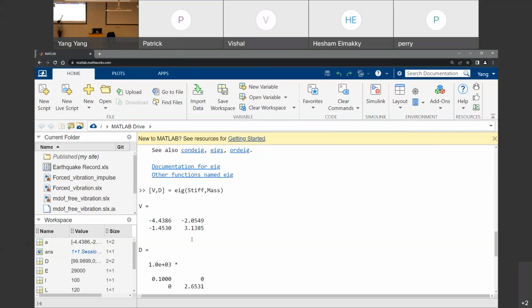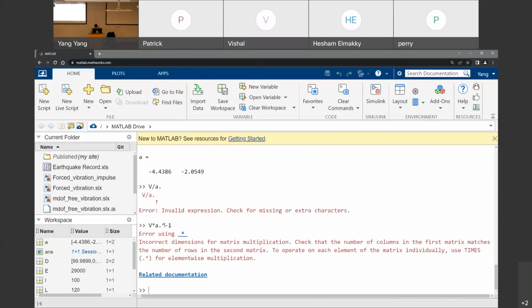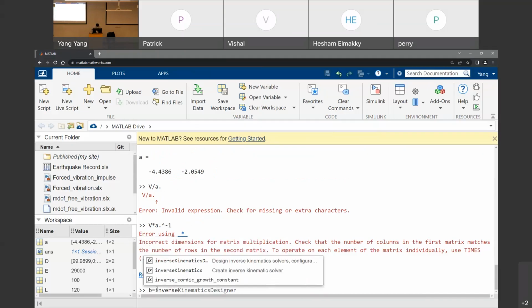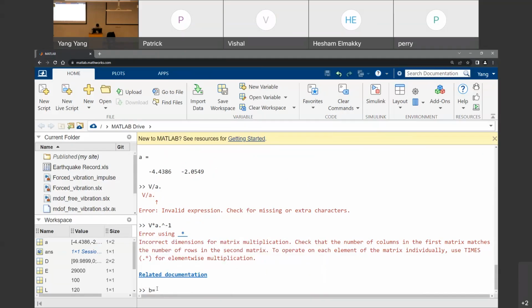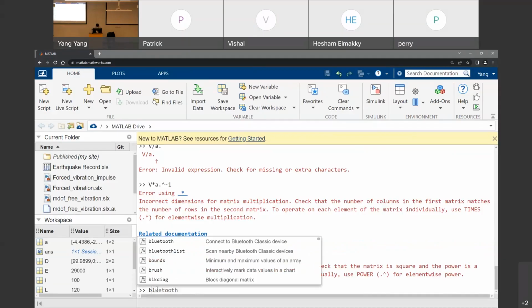Similarly, you can do that by dividing this number by the top number over here. You will get the mode shape.